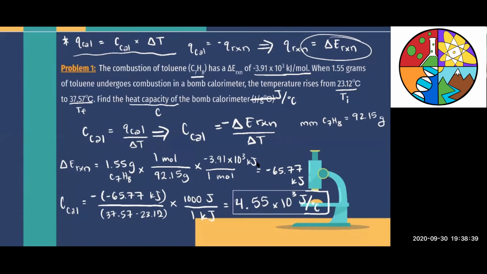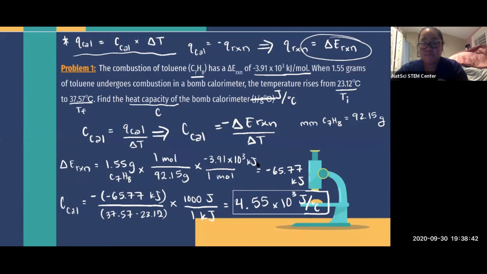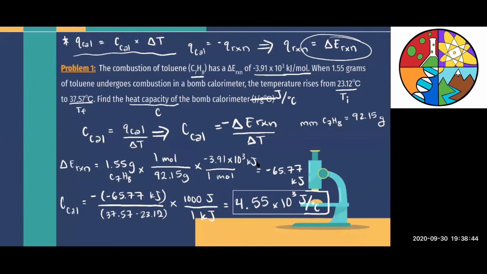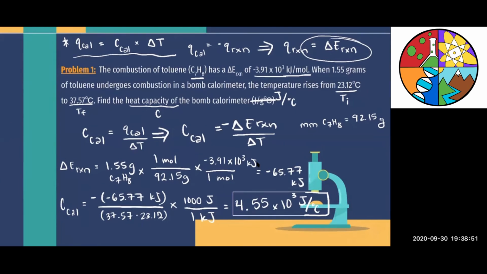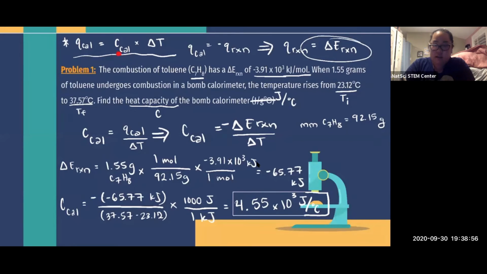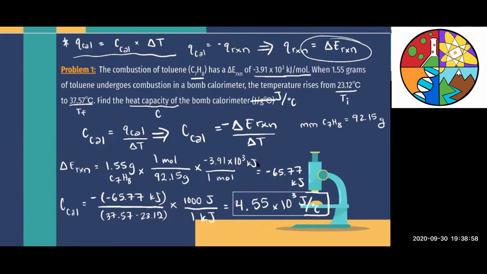Yeah, I have questions. We have the formula Q calorimetry equals C, which means specific heat capacity of the calorimeter, times delta T. And then Q calorimetry equals negative Q reaction.